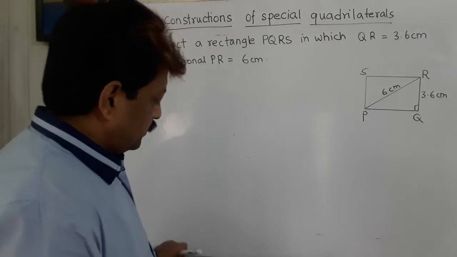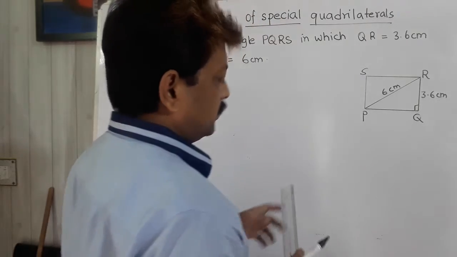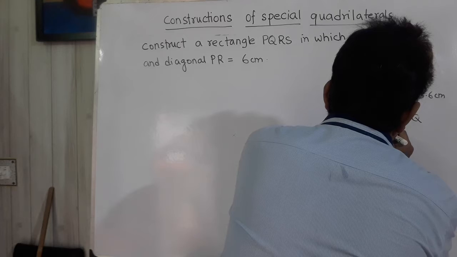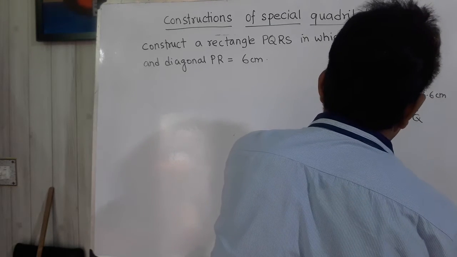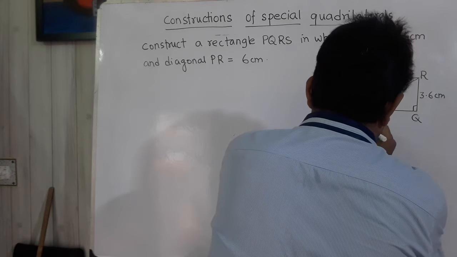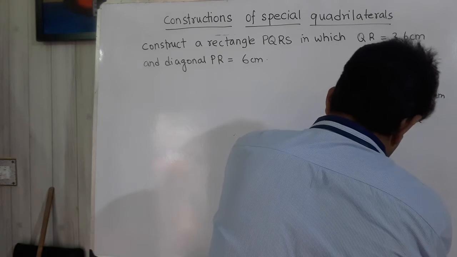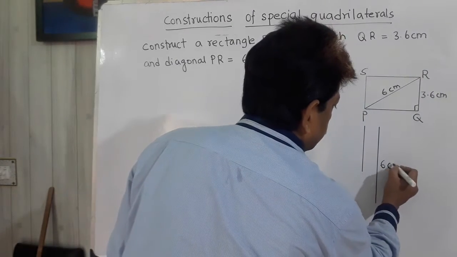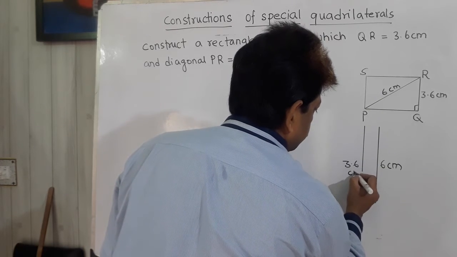So first of all, one line of 6 centimeter length and one line of 3.6 centimeter length are to be drawn here. This is 6 centimeter and this is 3.6 centimeter.